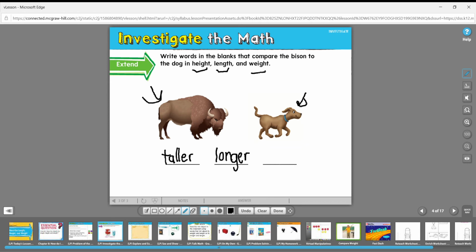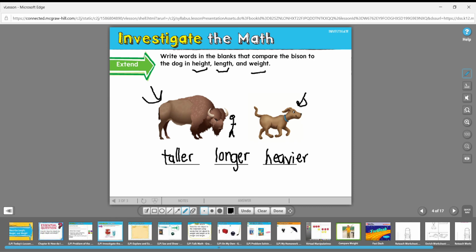Well, I can tell you that's probably about how big a bison is compared to a person. So how would you compare a bison to a dog in weight? Do you think it's lighter or heavier than a dog? Yeah, I definitely think a bison is heavier than a dog, for sure.